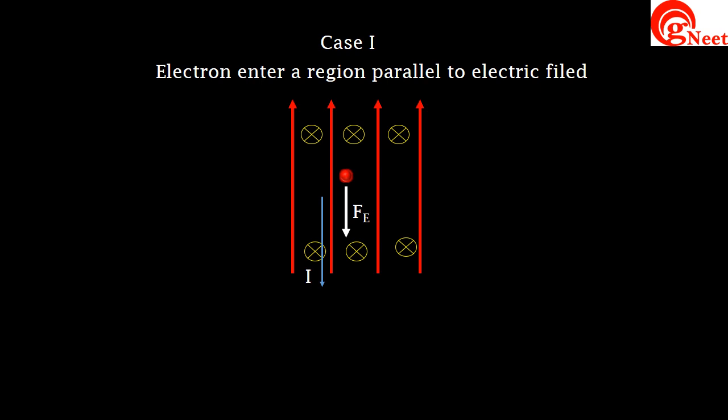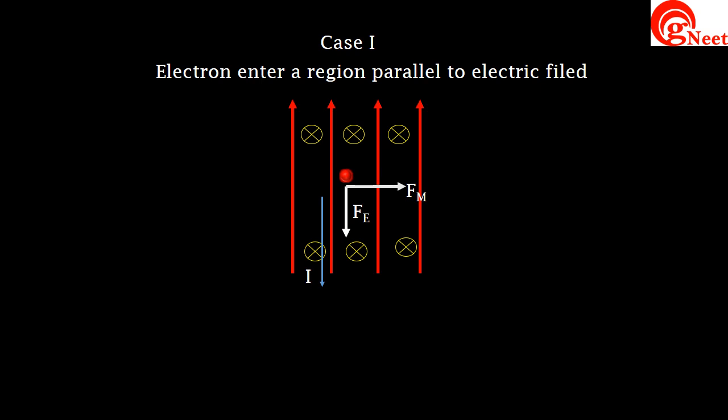Point the index finger in the direction of the magnetic field. In our case, it is pointing inside the plane. Point the middle finger in the direction of the current. Then the thumb shows the direction of force. In our case, it is going towards the right, shown by the white arrow and labeled Fm, and is perpendicular to both electric and magnetic field.